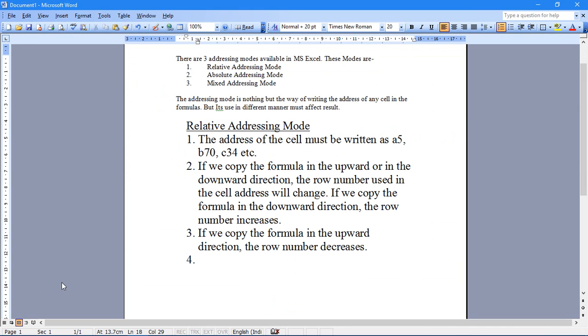So it is completely understandable that if we copy the formula in the upward or in the downward direction, the row number used in the cell address will change. If we copy the formula in the downward direction, the row number increases.